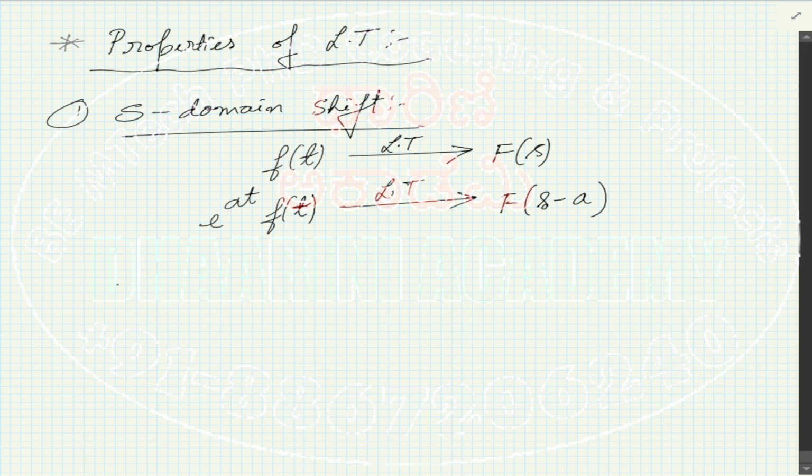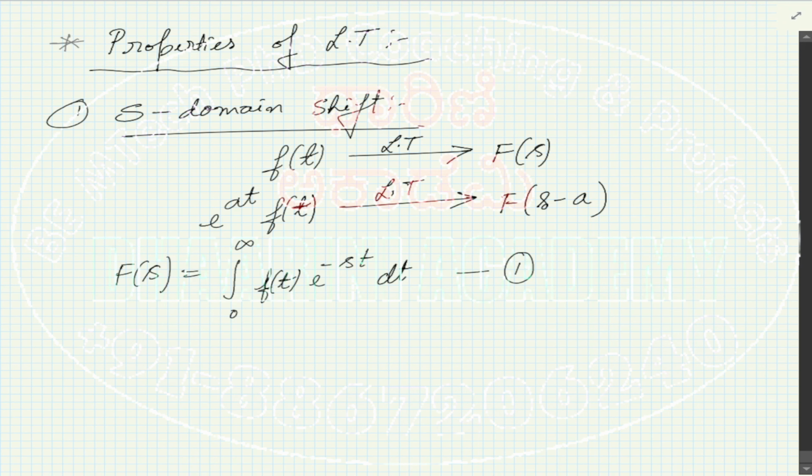We'll start from F of s, which is equal to integral 0 to infinity of the function f of t into e to the minus st dt. This is the F of s.